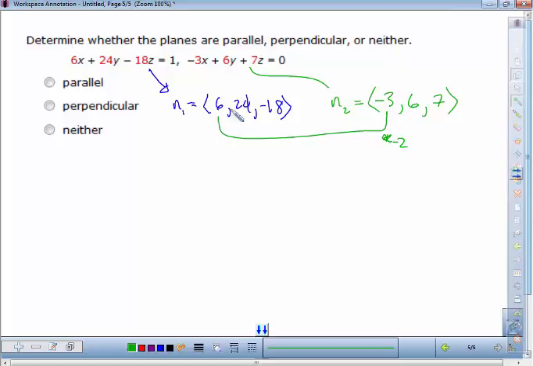And of course, the other way to check, the longer way, is to do a cross product. I was going to use the cross product to check if they're parallel to each other.